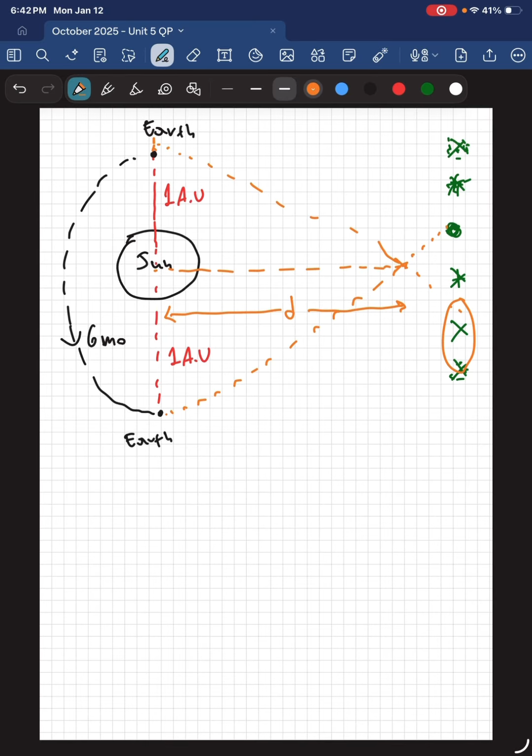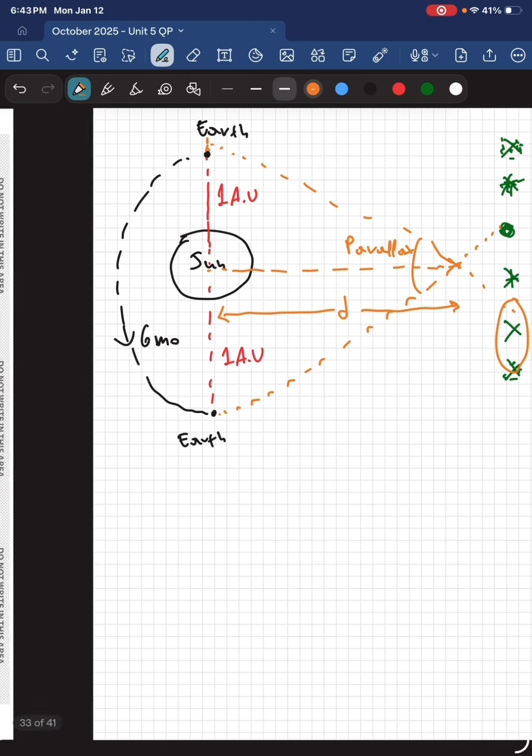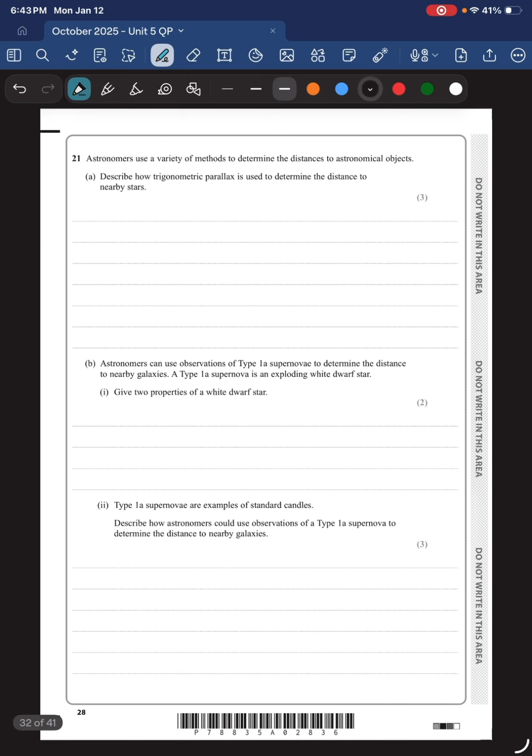So there is a parallax. This is the parallax that we see. We see the star kind of moving as we observe it at different times, and we can calculate that angle, which you call parallax.